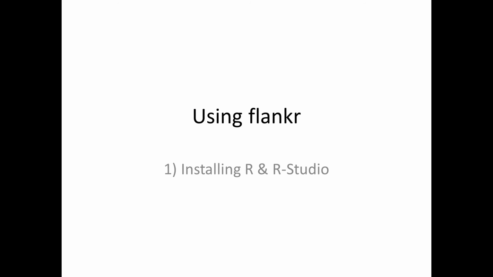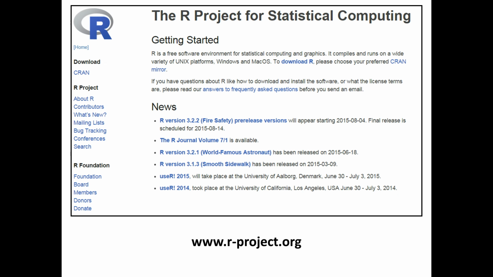So flankr is a package that extends R statistics, which is a free statistical programming environment. So if users wish to use flankr, they'll also have to install R onto their machines. In the paper, I've also recommended that users install RStudio, which is just a nice interface to use R with. So this is also free.